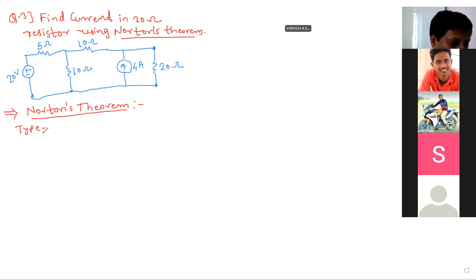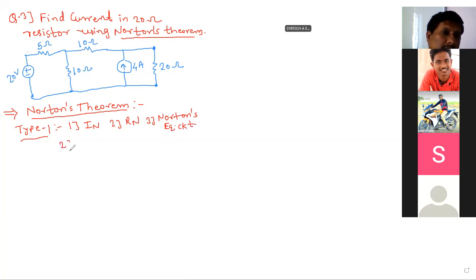Type 1, yes, because two sources are there, both independent, 4 ampere and 20 volt. So what are the things you have to find? The short circuit current between two terminals, IN. The equivalent resistance measured between two terminals, RN. The third is to draw Norton's equivalent circuit. And the fourth is IL.